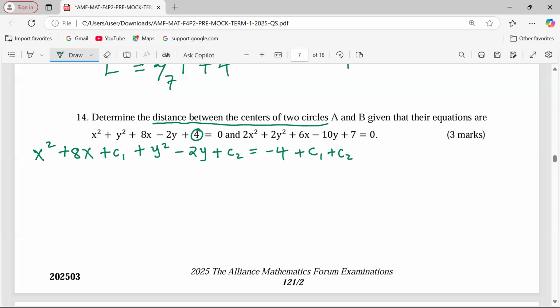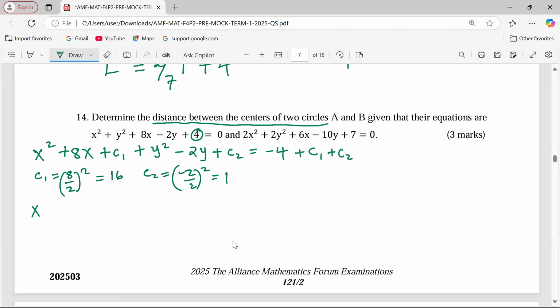To make it a perfect square, the first constant will be given by b over 2, squared. So 8 over 2 squared, which is 4 squared, 16. Then the second constant will be -2 over 2, squared. This will be -1 squared, which is just 1. So we add it to both sides.